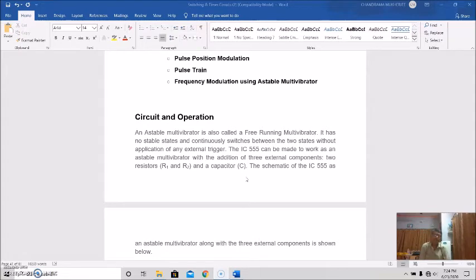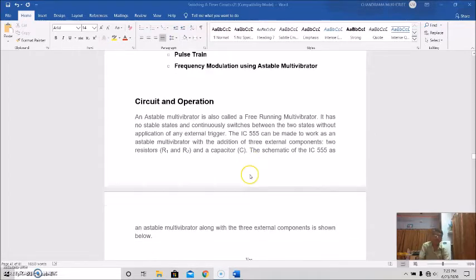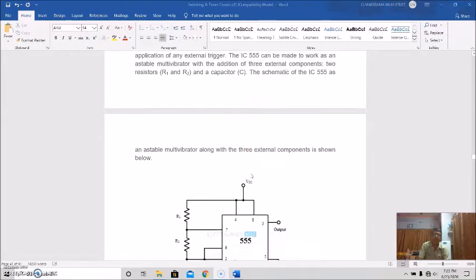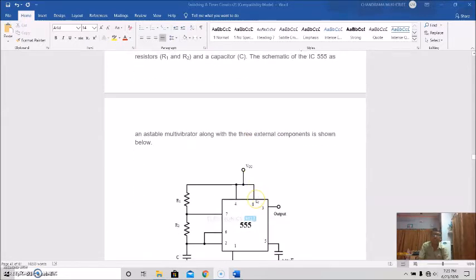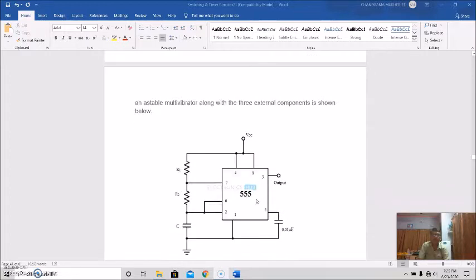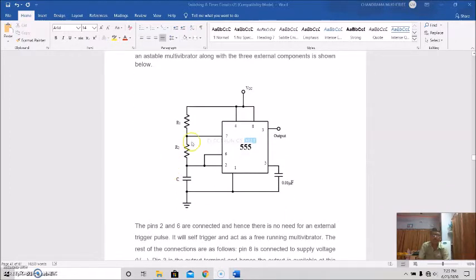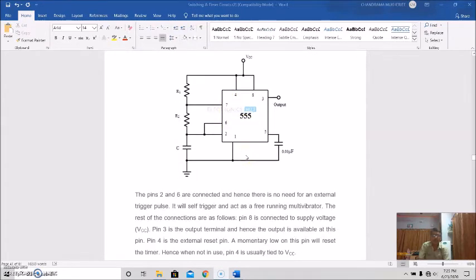The IC 555 can be made to work as an astable multivibrator with the addition of three external components: two resistors R1 and R2 and a capacitor. A schematic diagram of the 555 IC as an astable multivibrator along with the three external components is shown here. These are the three external components R1, R2 and this capacitor C. This is the 555 timer IC.